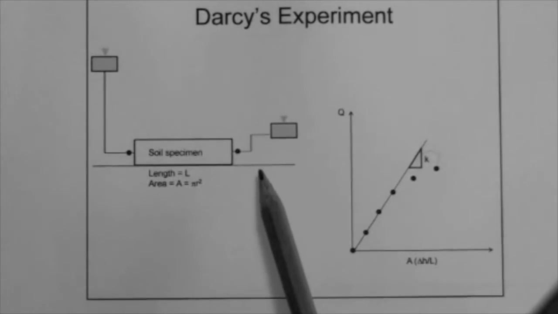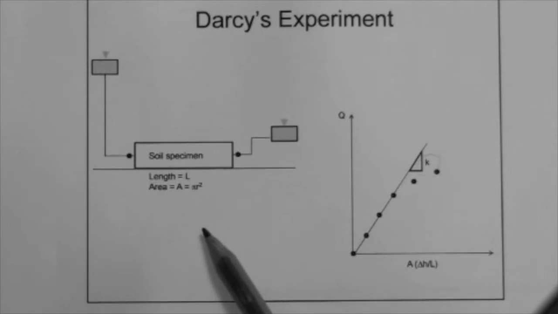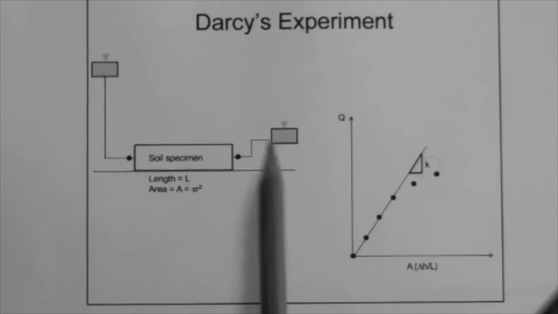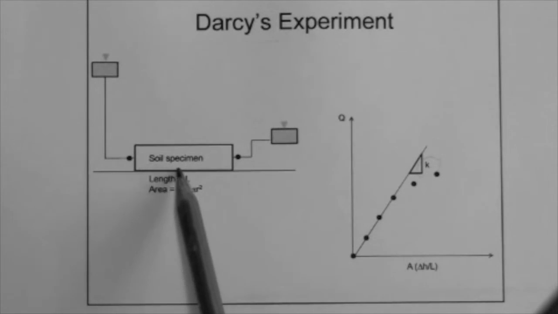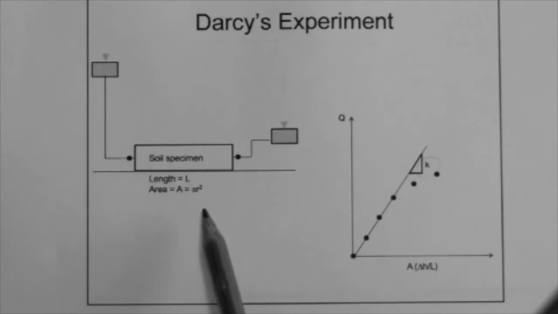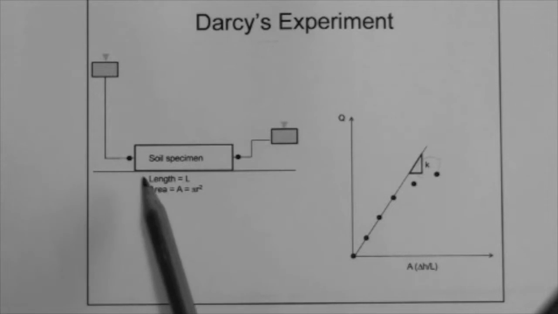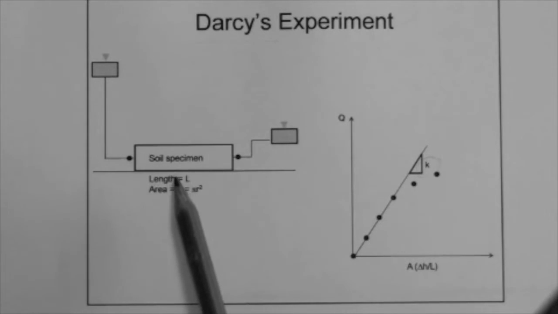So let's begin with the experiment so that we can understand what's going on. Here we have a soil specimen. The soil is brought to the lab and placed inside a cylinder, a tube.